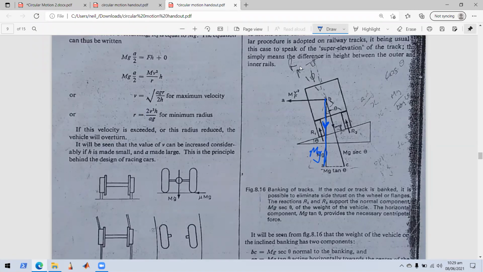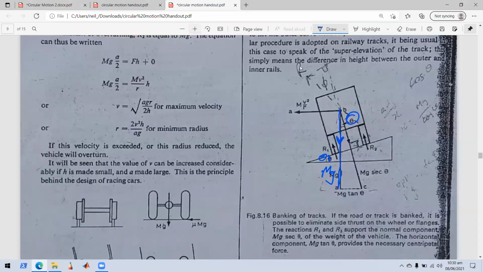The same way as when we were doing inclined planes, this can be broken up into two components. One component is mg tan theta, assuming there's some angle. And this angle, as we remember from inclined planes, is related to the angle of elevation of the road. So this theta here is the same as this theta here.